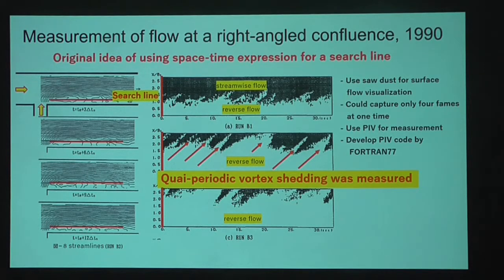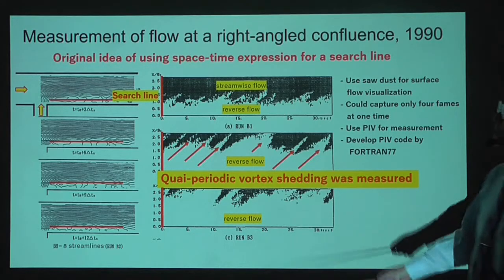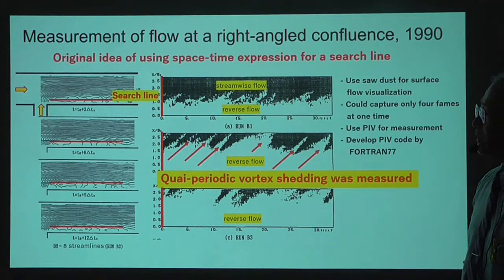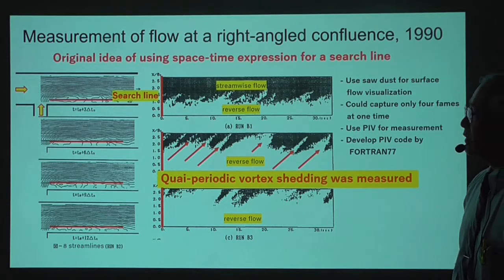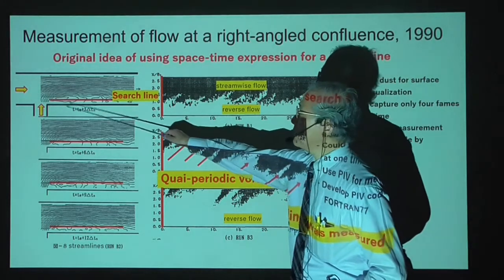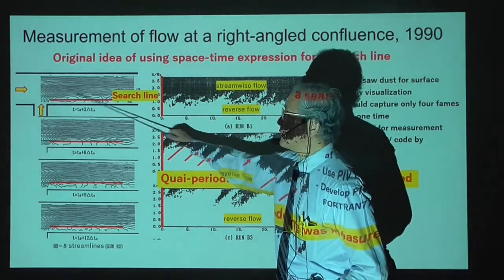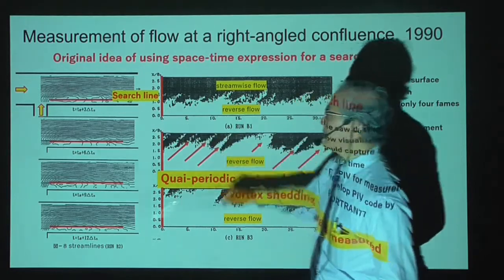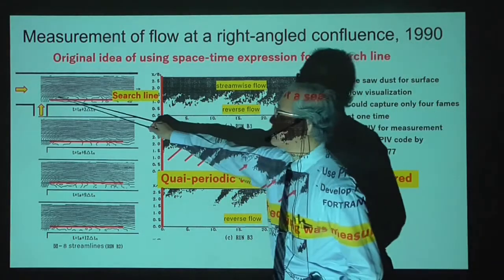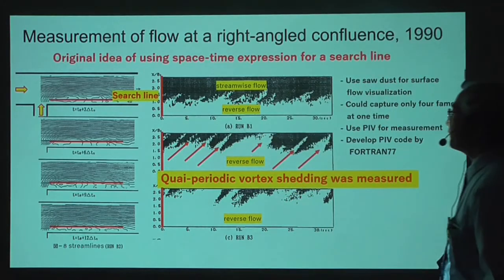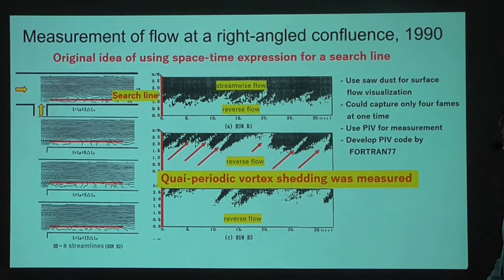This picture shows the measurement of flow at a right angle confluence in 1990, and it comes from the original idea of using space-time image expressions with a searchlight. I was paying attention to the right angle confluence here. This is a large-scale separation bubble, and I set the searchlight here and observed the streamwise flow velocity distribution with time.